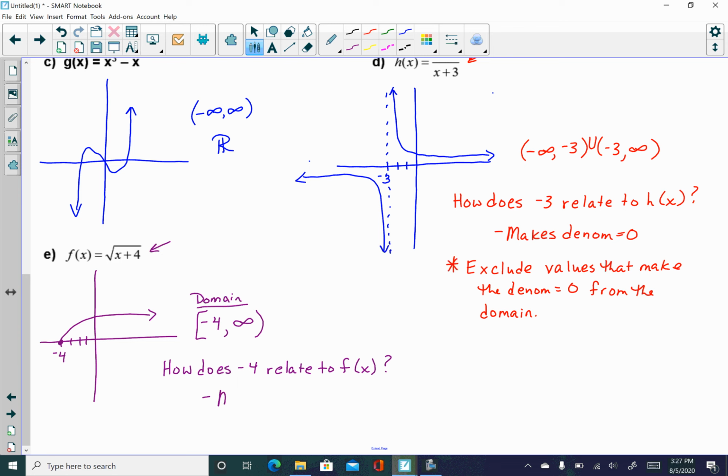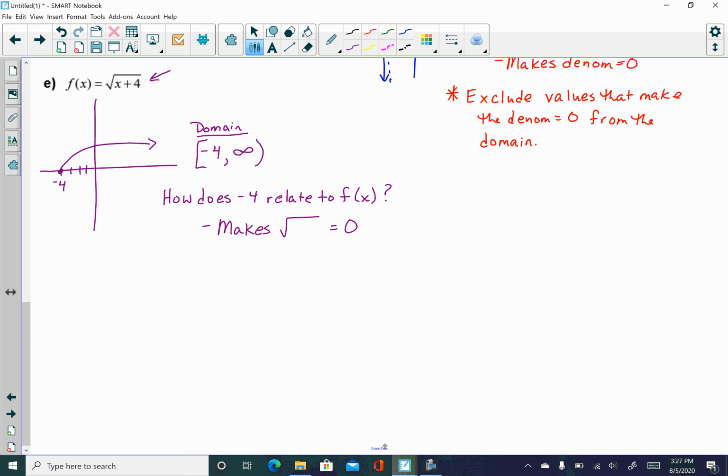Hopefully you would agree that in this case, it makes the square root equal to 0. And it's okay that it equals 0, but in terms of a domain, you'll always need to make sure that all even roots must be set greater than or equal to 0 in order to solve for the domain.